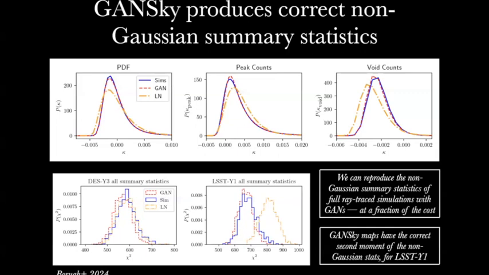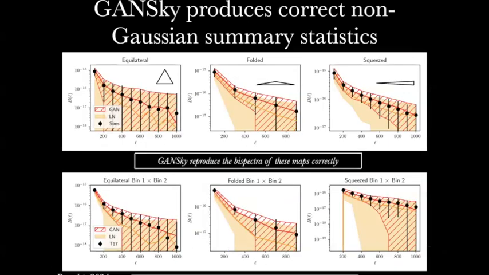And even more concretely, if you want to see the chi-square distribution of different summary statistics, we see that the GAN reproduces the same chi-square distribution as the simulations, whereas the log normal does not. This is suggesting that we can use this GAN to run fast simulations to compute covariances of different non-Gaussian summary statistics.